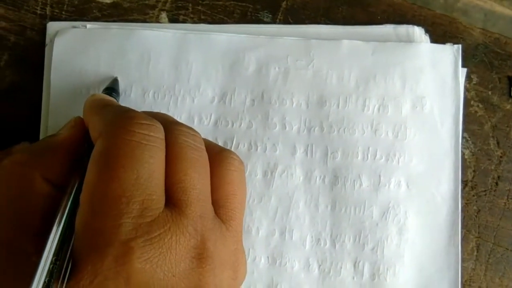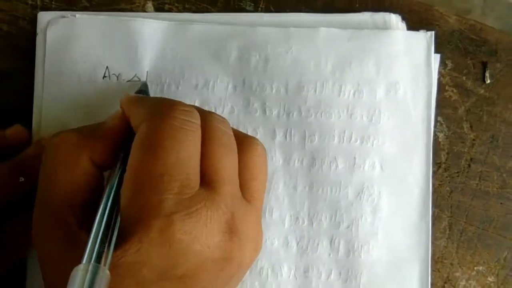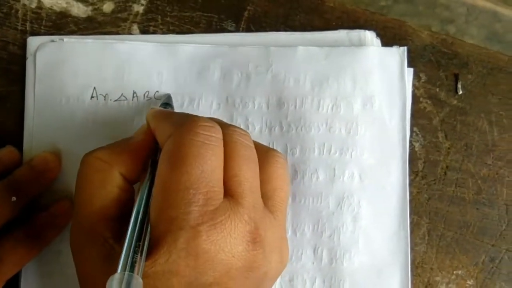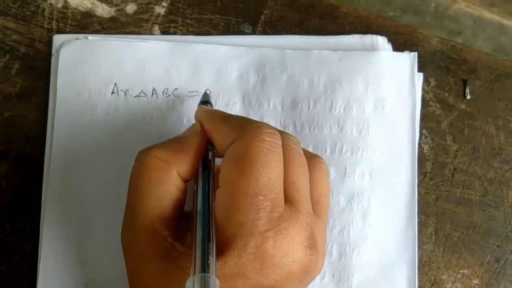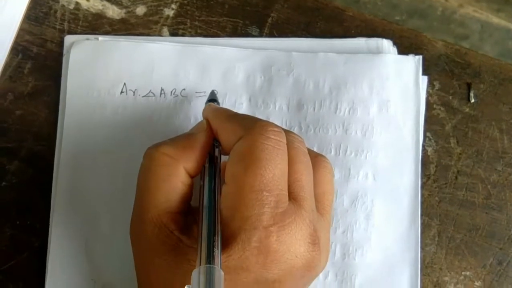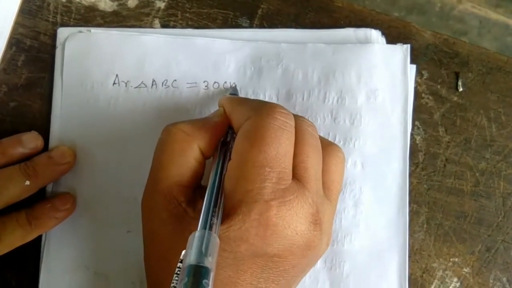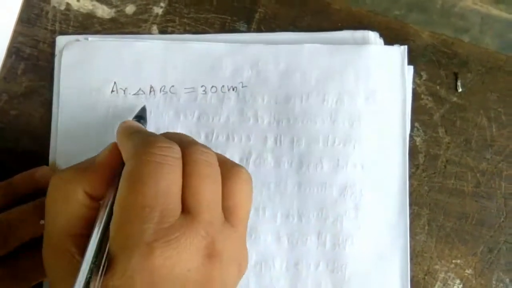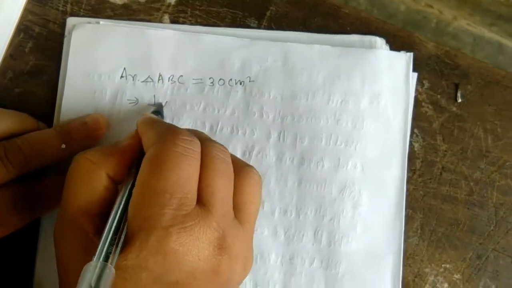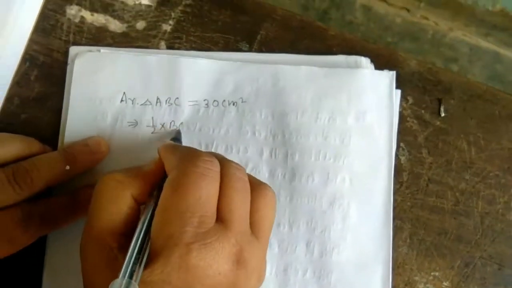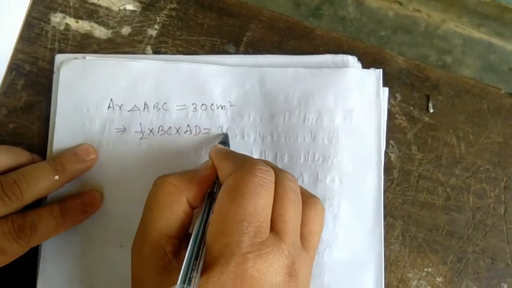Now, we know that area of triangle ABC is 30 centimeter square. The formula of area of triangle ABC equals half into base, base is BC, into height, height is AD, equal to 30.